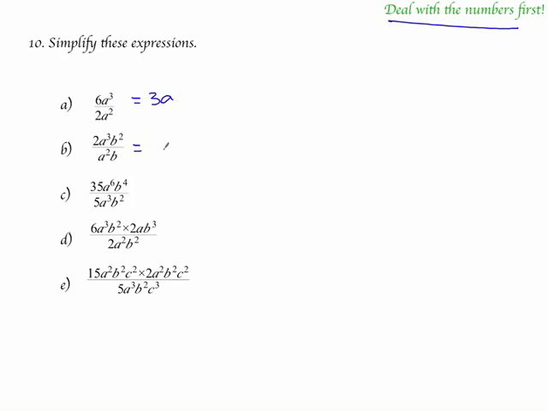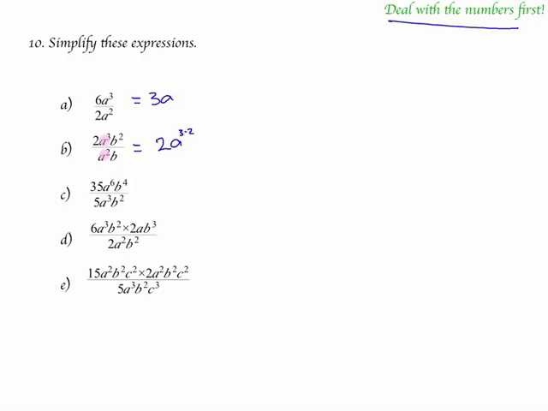So for 10b, we've got 2 divided by, we don't have any other numbers, so I'm going to leave it as the 2. For my a's, I've got a cubed divided by a squared. So that's going to be a cubed minus the a squared, or divided by the a squared.